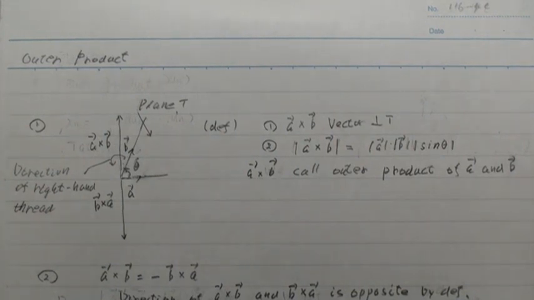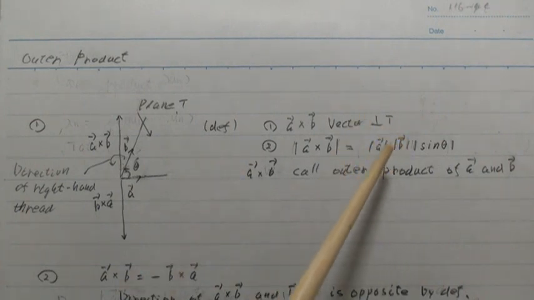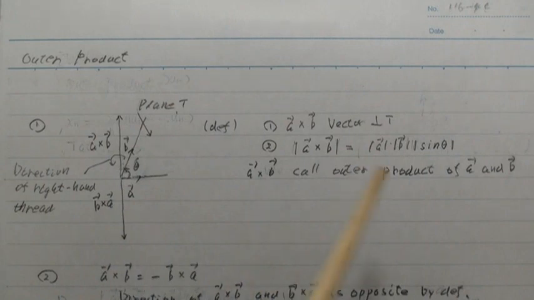And definition 1, circle 1: vector A outer product vector B is vertical to plane T. And definition 2, circle 2, the vector size: the absolute value of A outer product B equals the absolute value of A times the absolute value of B times the absolute value of sine theta.